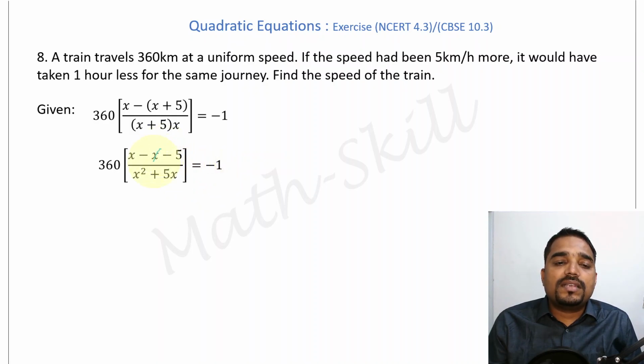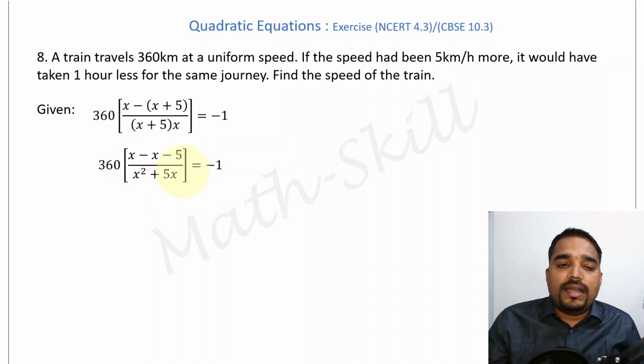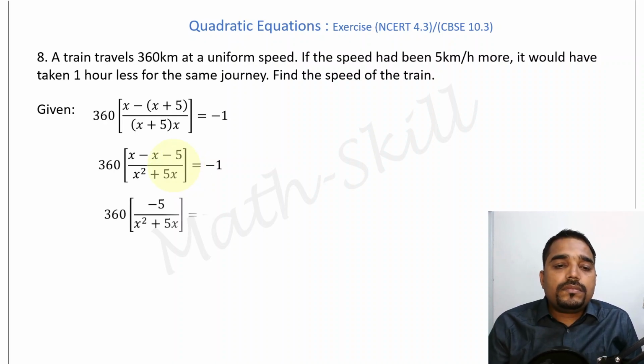So plus x and minus x have got cancelled, wherein we are left with minus 5 in the numerator. That is 360 multiplied by minus 5 divided by x square plus 5x is equal to minus 1. So to simplify further, let us cross multiply the terms of the denominator to the RHS.